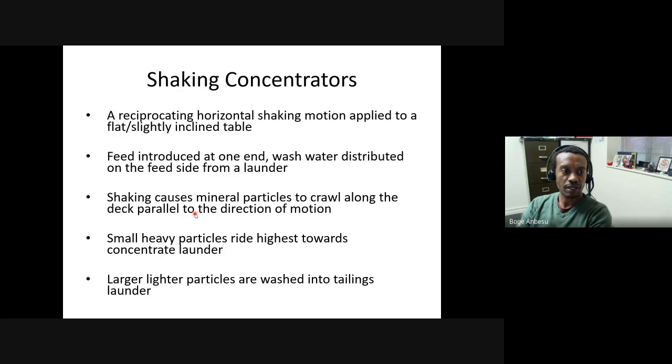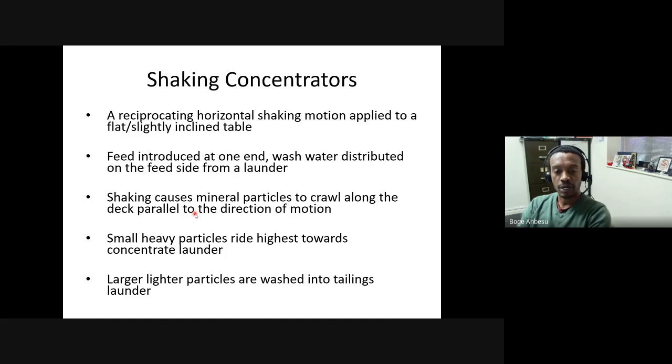And typically the particles could be fed on a table or something like that, where we apply a motion to the table. And with the feed, we also introduce water to help with the stratification of the particles and also to allow the particles to be dispersed on, for example, a table and so on.